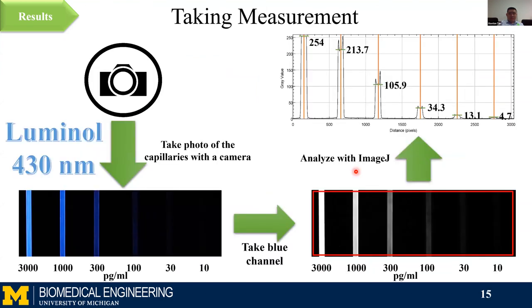To take measurements with this system, we use a luminol-based chemiluminescent substrate to generate the measurement signal. Since it has a blue color, when we take a measurement, we have an image, and we take out the blue channel, and we quantify the light intensity with software called ImageJ.